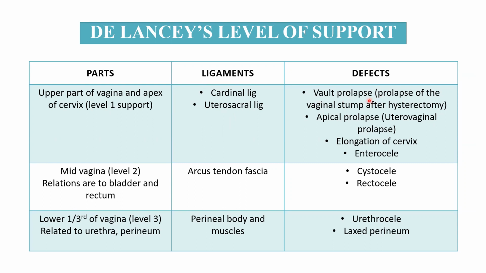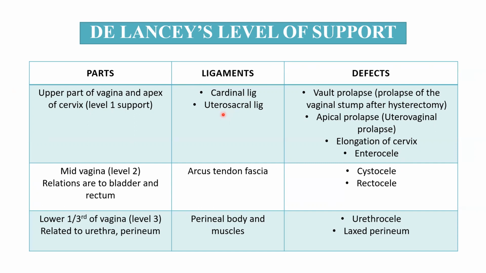There is vault prolapse, that is prolapse of the vaginal stump after hysterectomy. Then we have apical prolapse, otherwise termed uterovaginal prolapse. Then we have elongation of the cervix and enterocele. So basically, for the upper part of the vagina and apex of the cervix, the ligaments that give support are the cardinal ligament and the uterosacral ligament.